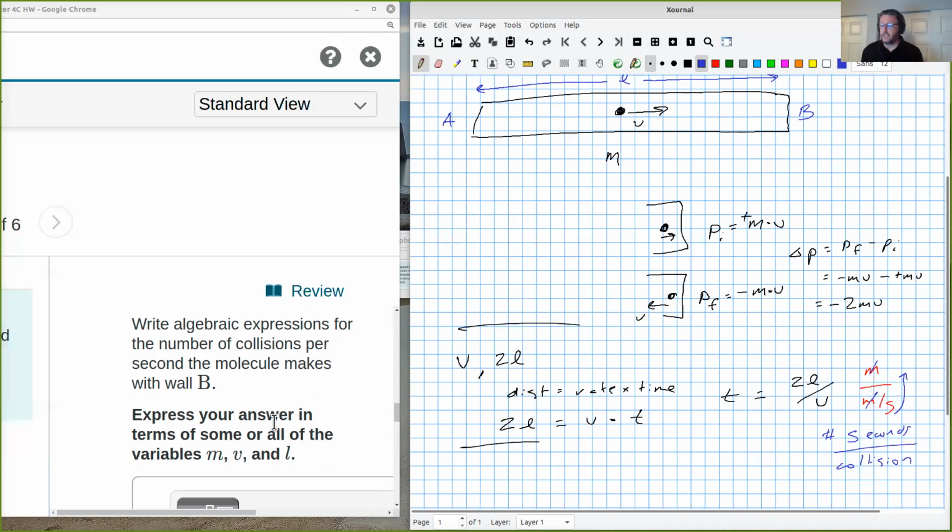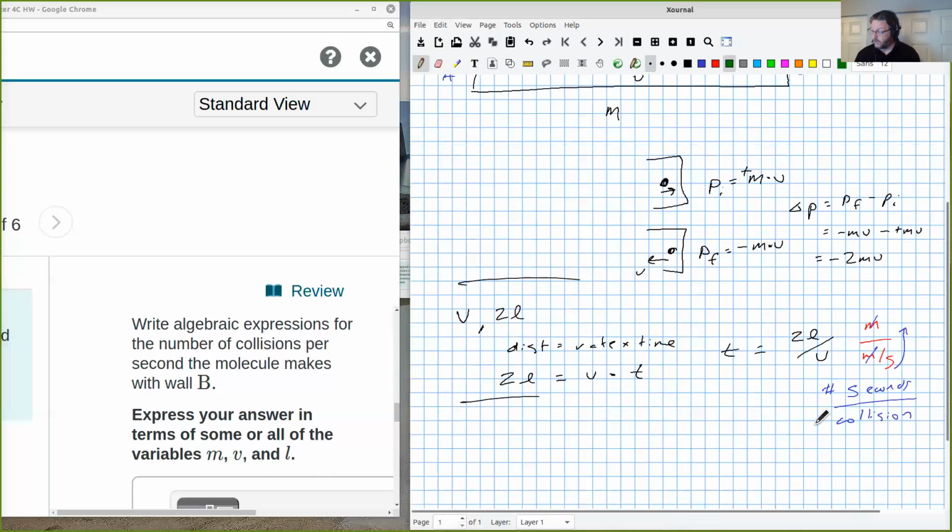The question I'm asking here is the number of collisions per second. I have seconds per collision. I want collisions per second. That strongly suggests that what I want to do is take the reciprocal of this thing. So I want collisions per second, and I have seconds per collision.